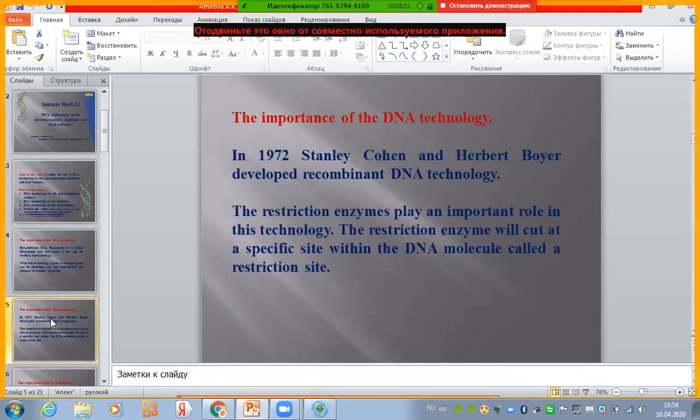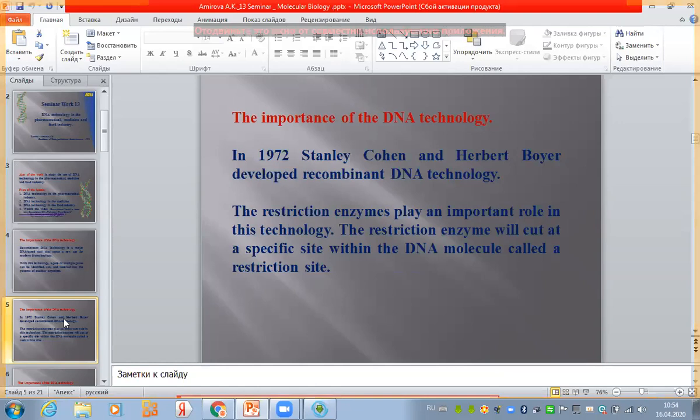In 1972, Stanley Cohen and Herbert Boyer developed recombinant DNA technology. Restriction enzymes play an important role in this technology. The restriction enzymes cut at a specific site within the DNA molecule called a restriction site.